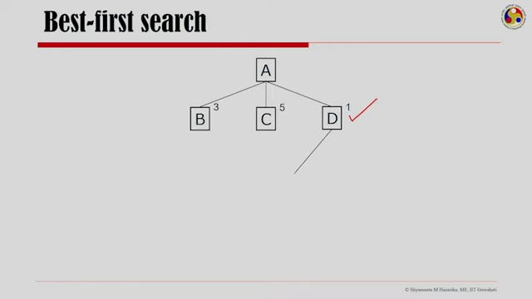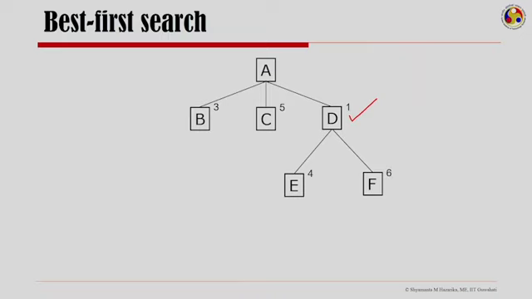So we expand D, and let's say we end up having two nodes E and F, and let's say the heuristic values that I get of the evaluation function at node E and node F are 4 and 6 respectively.